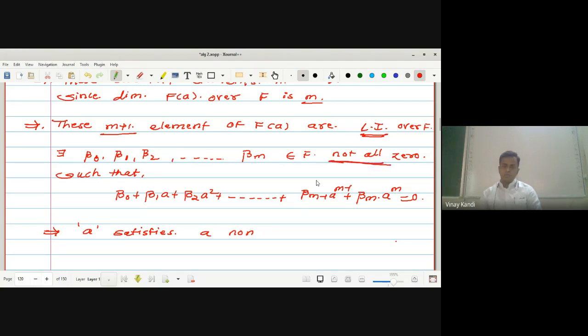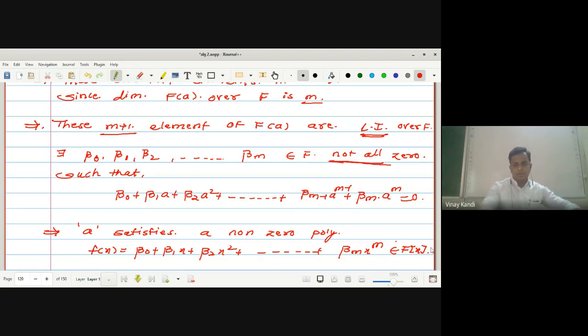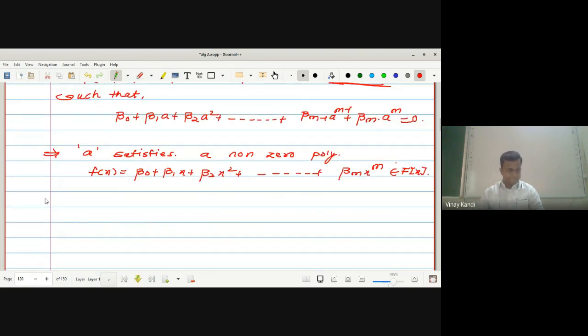Since the betas are not all zero, this polynomial is a non-zero polynomial f(x) = beta naught + beta 1 x + beta 2 x square + up to beta m x raised to m, which belongs to capital F[x]. If a satisfies this polynomial over F[x], then this implies a is algebraic over F.